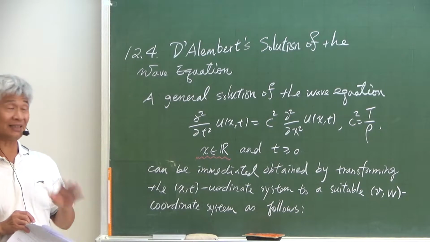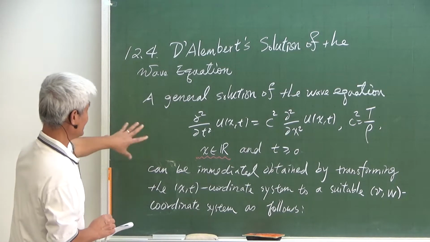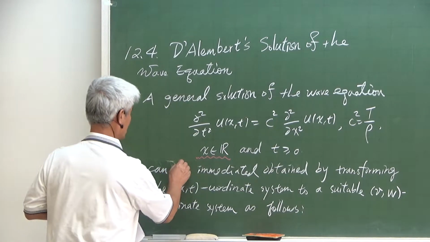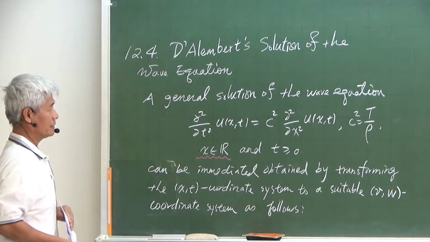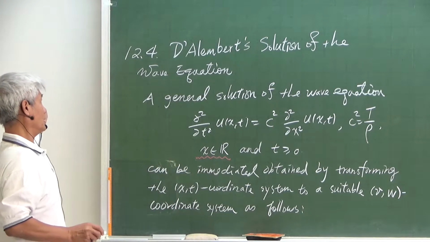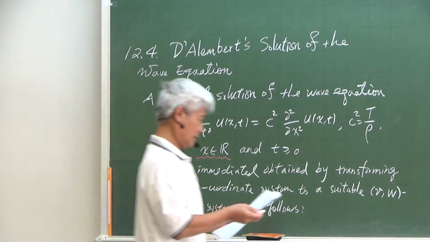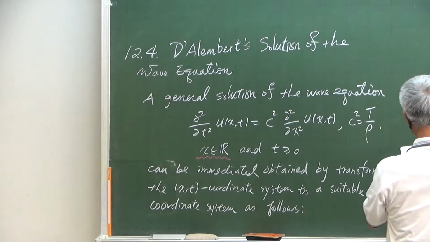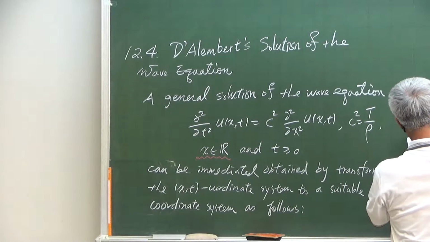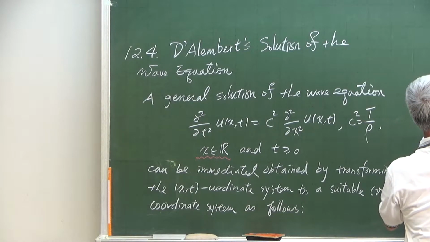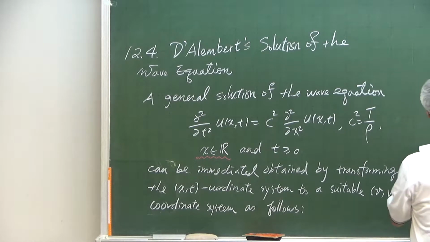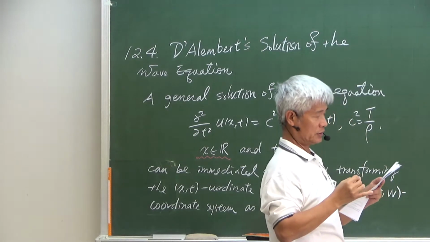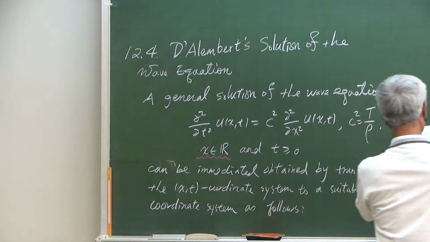So this is the idea. And here we illustrate a similar idea for the wave equation. And you can see that the coordinate transformation is quite similar to that we introduced in the quiz problem, right?